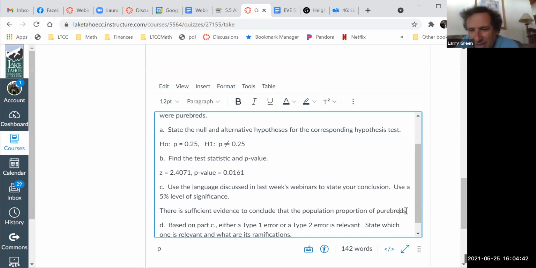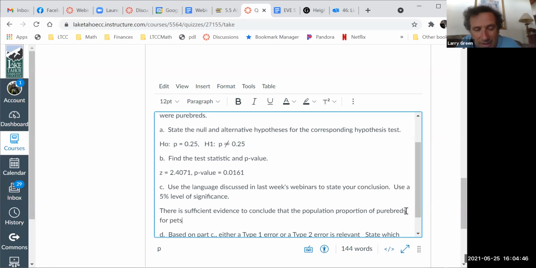In purebreds for pets in the shelter that are at least 1 year old differs from 0.25. Okay. Notice differs because of the not equal to.